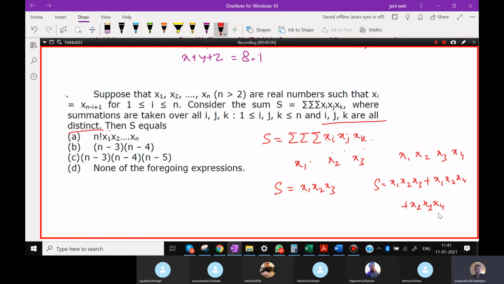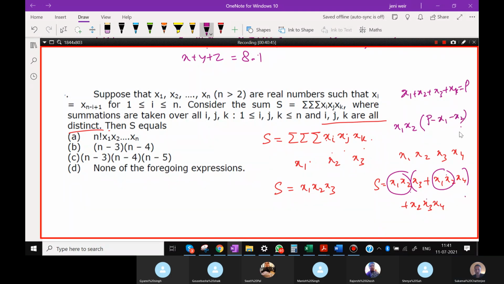Okay. So this is the sum that I'm trying to find. If I consider any two of them, then that gets multiplied with x3 plus x4, which means x1, x2 into this. If I consider x1 plus x2 plus x3 plus x4 as something, let us say this is p, then x3 plus x4 will be p minus x1 minus x2, right?